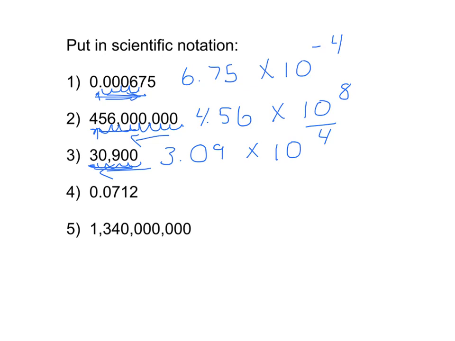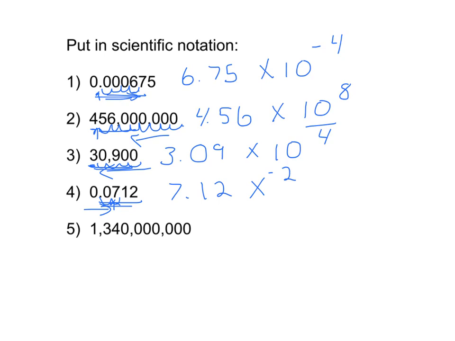Number 4, we're going to move the decimal right behind that 7. So only the 7 will be to the left of the decimal. We'll have 7.12 times 10, and in this case we're going to move that decimal 2 places. And it will be negative because we're moving the decimal to the right and we have a small number.